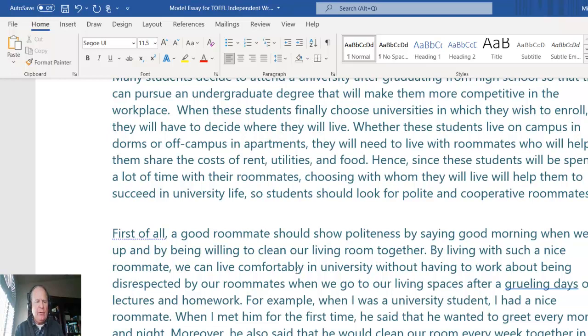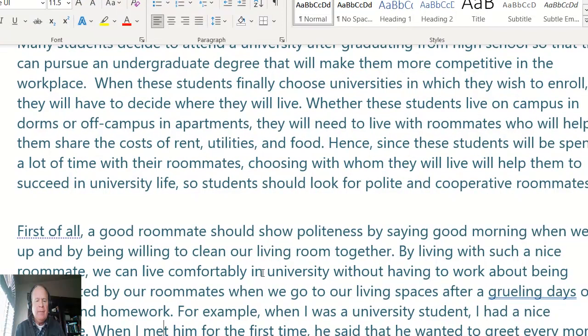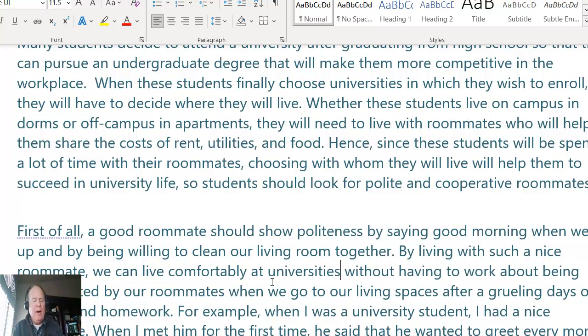By living with such a nice roommate, we can live comfortably at, I'm going to put at universities, without having to worry about being disrespected by our roommates when we go to our living spaces, or how about when we return to our living spaces after grueling days of lectures and homework.